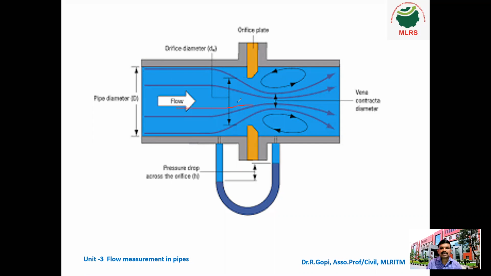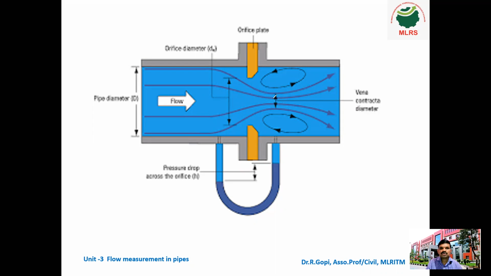This is the flow direction. The water enters the orifice, so it is contracted, and again it is enlarged in this portion. This portion is called the vena contracta.